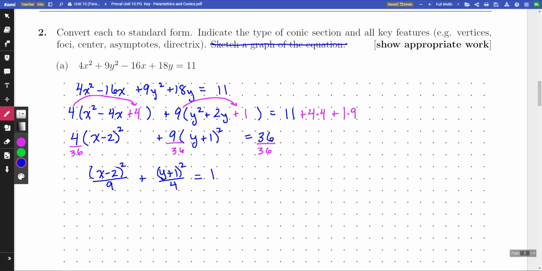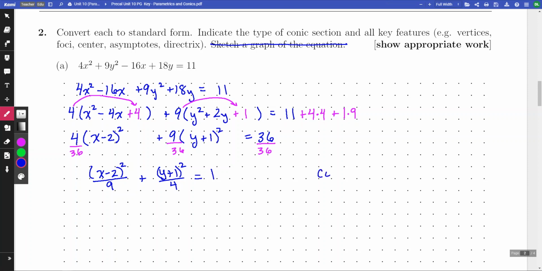Now, realize and recognize that if I don't have this equal to 1, then I'm going to have fractional pieces, which will still work. Next, we need to identify our vertices, our foci, our center, all of those pieces.